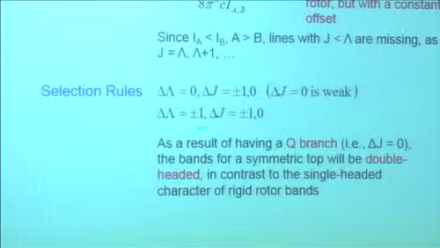So in these cases, you have a Q branch. In this case, you have only the P and the R. Now, because you have this Q branch, and because we have potential for big differences in the moments of inertia between the ground state and the upper state, you can see multiple band heads, typically.